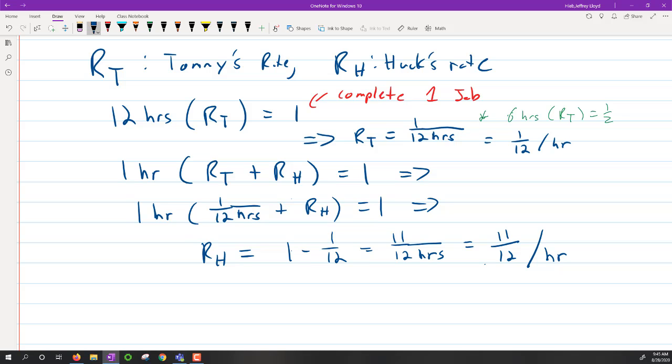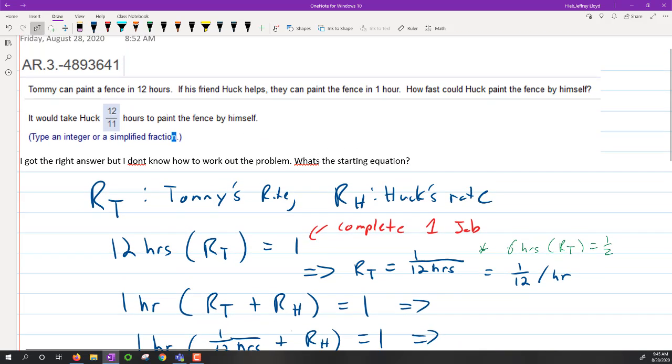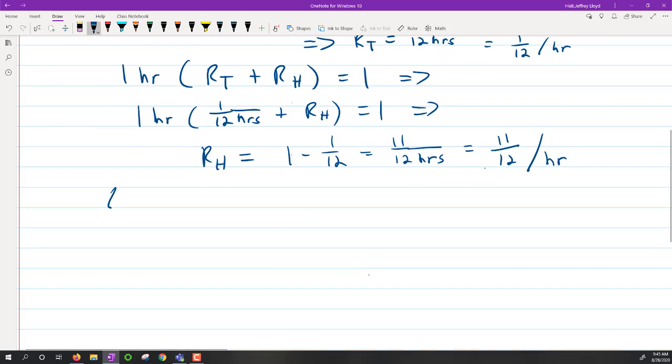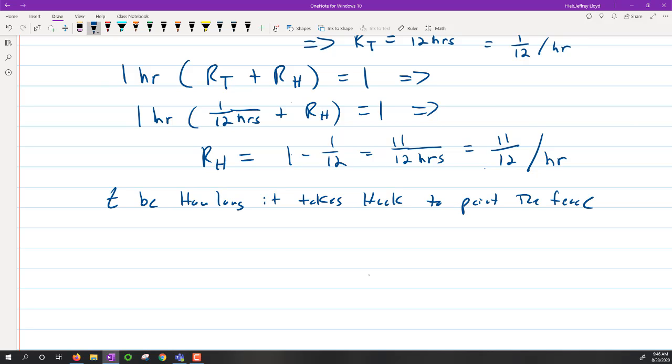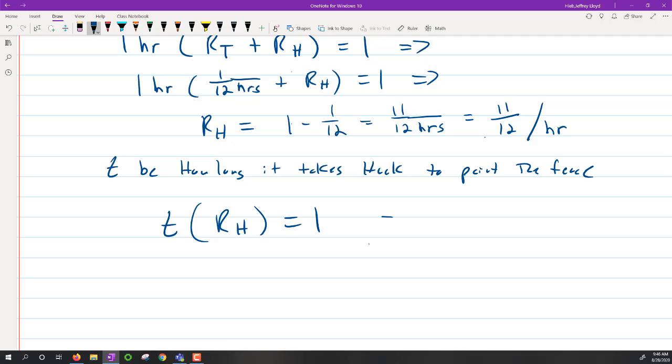So now that's not the answer. If you come back up here and ask how fast could Huck paint the fence by himself, now I'm going to let T be how long it takes Huck to paint the fence. And so that'll be T times Huck's rate is equal to 1. Now I can substitute some stuff in.